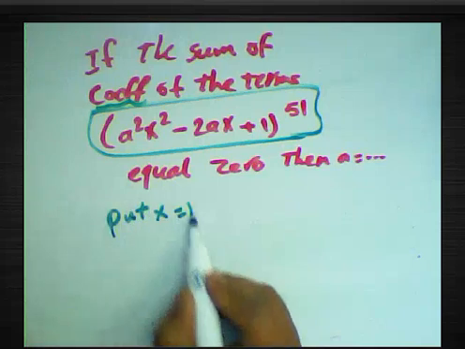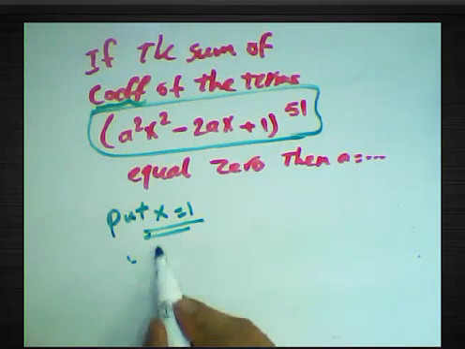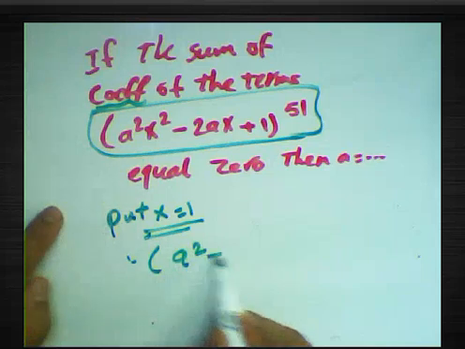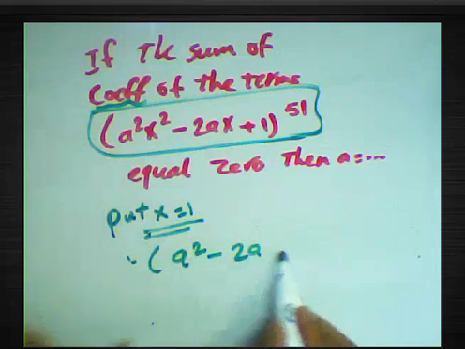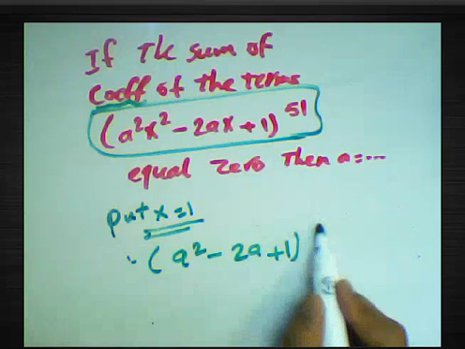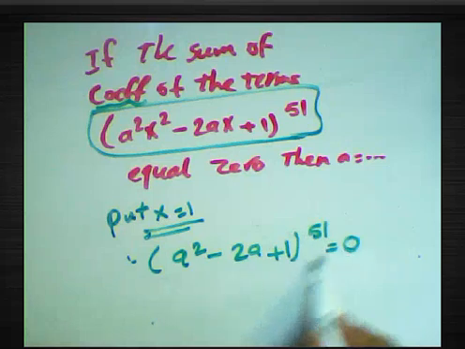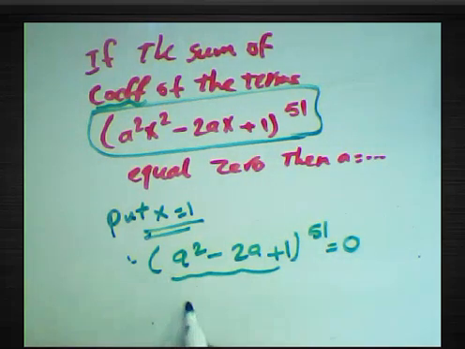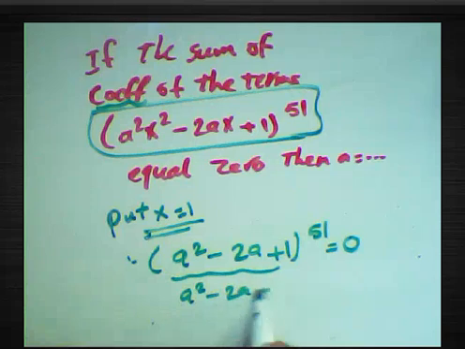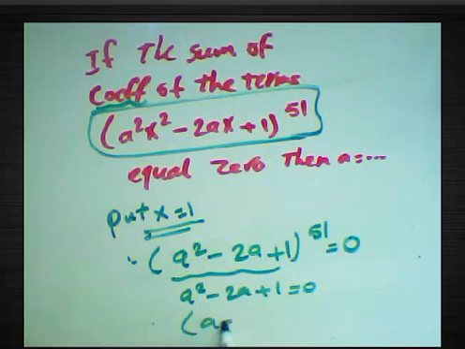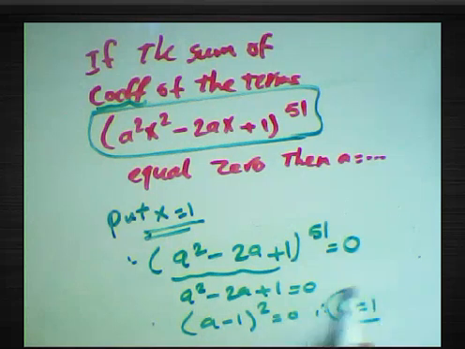Then a power 2 subtract 2a plus 1 all power 51 will be equal to 0. If this expression equals 0, then a power 2 minus 2a plus 1 equals 0, and we have a perfect square here, meaning a minus 1 all power 2 equals 0. Then a will be equal to 1.